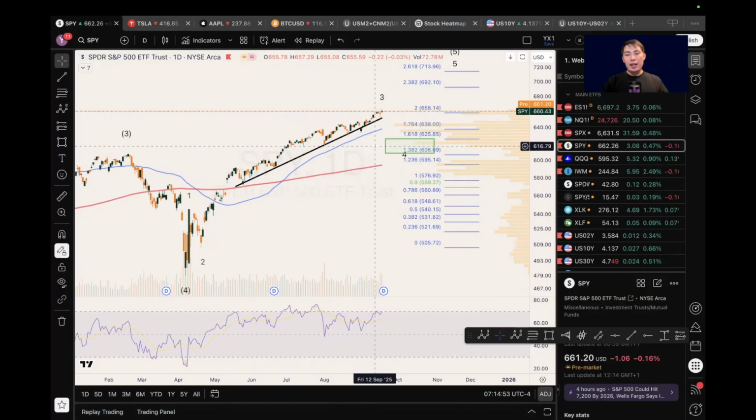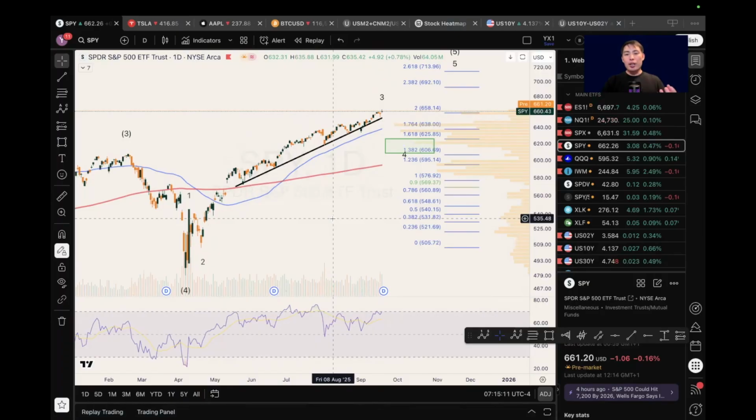What we're seeing is that SPY is trading at the 20% extension of this wave 1, and this is technically stretched territory for this bull run.